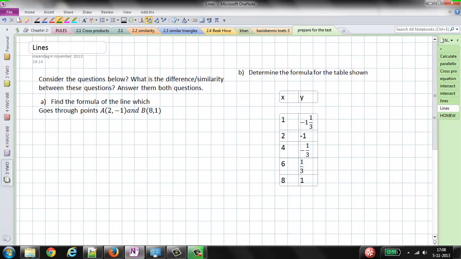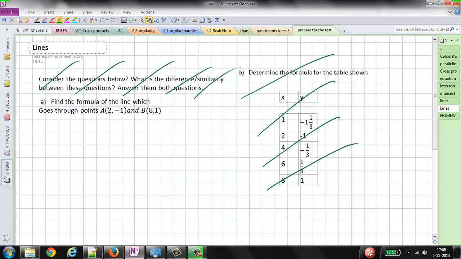Then thirdly, I've got this question. Now you can skip this part of it, you can also skip that part of it. We scrapped that from the test. So find the formula of the line which goes through the points A 2, minus 1, B 8, 1.